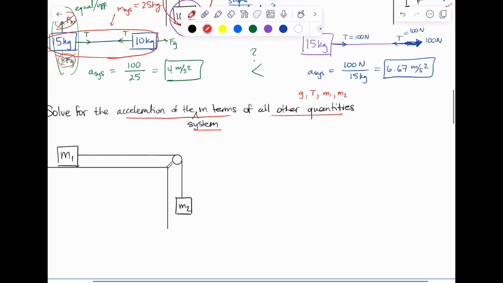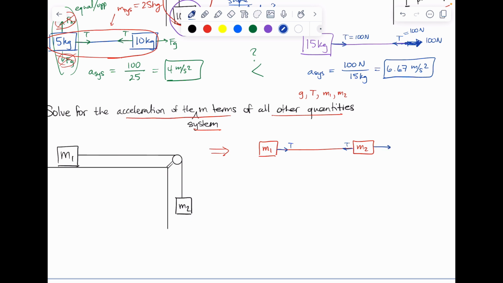So again, I would probably take a system-based approach, sort of stretch this out horizontally again, and treat this as a system. So, obviously we have tension forces.